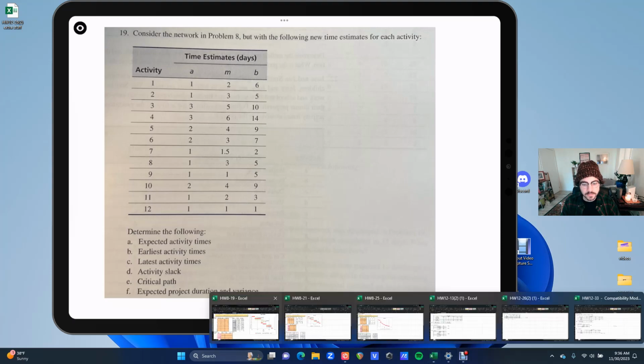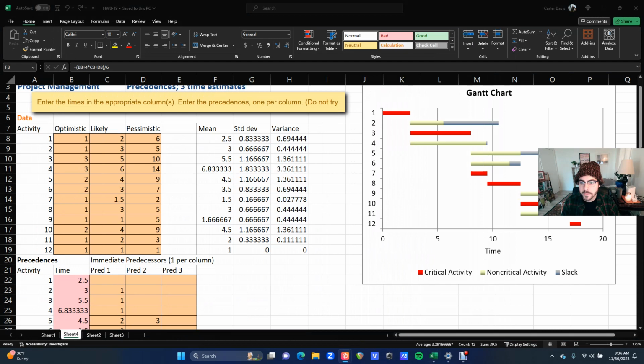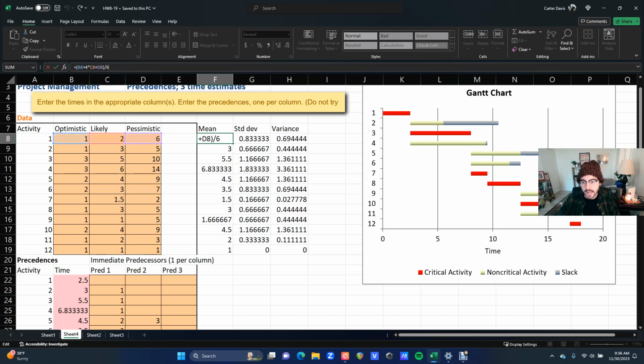So just to get a glimpse of the Excel file real quick, that corresponds to this. They've translated the chart we were just looking at into Excel: optimistic, likely, pessimistic. And you find the mean by doing this weighted average. You take the optimistic time plus 4 times the likely time plus 1 of the pessimistic time.